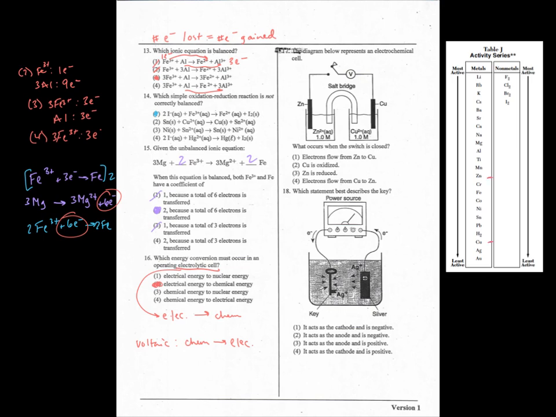So zinc here is the anode because it's more likely to be oxidized. And this one's more likely to be reduced. And so that makes copper the cathode. So electrons will flow definitely, and one of them will get oxidized and one again will reduce. So zinc is the anode, so that's oxidation. And cathode is reduction, so it's definitely not choice 2 or 3.